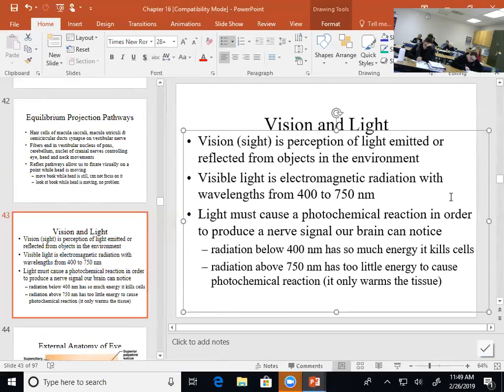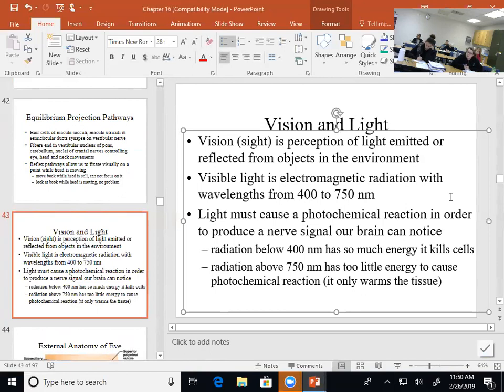The ones that are shorter than 400 have a lot of energy associated with them. We can't see them, but they have a ton of energy. You've heard of ultraviolet energy, then gamma rays and X-rays. The ones that are longer than 750, we can't see either.